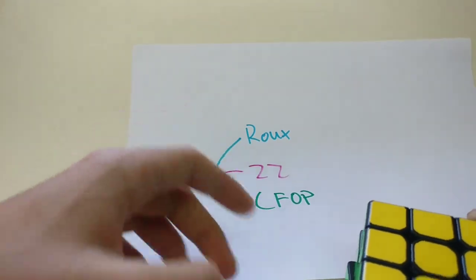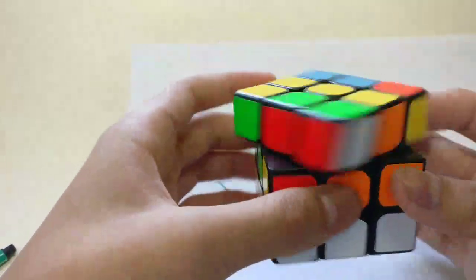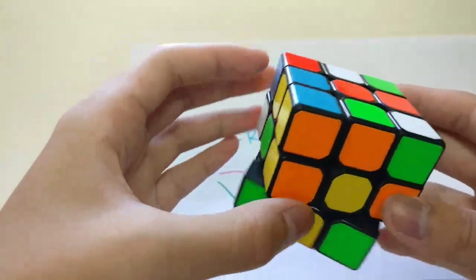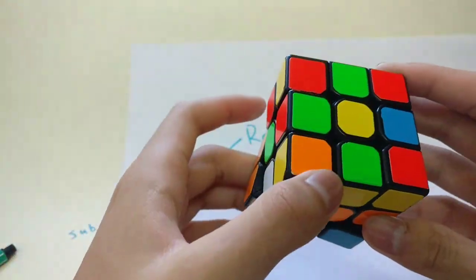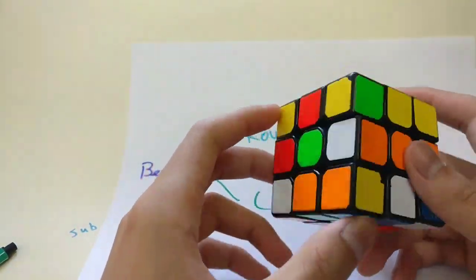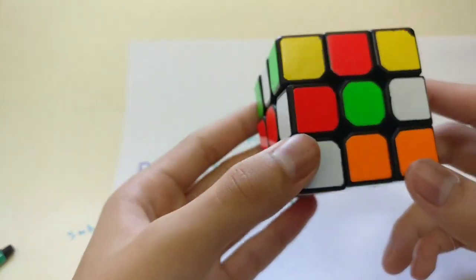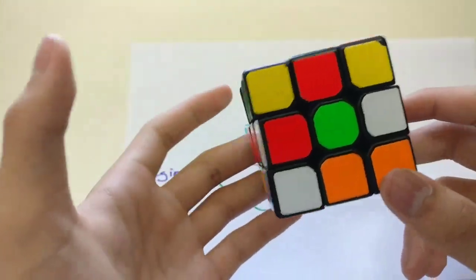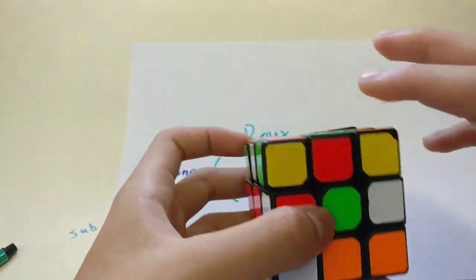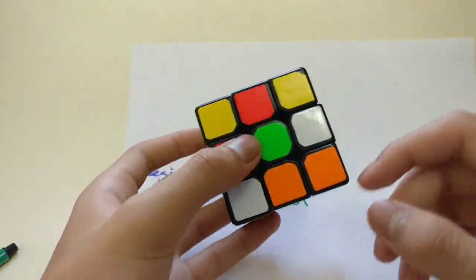And then there's ZZ as well, which is a method I'm not that good at, but I do know it. What you first do is you orient all edges. What that means is basically all edges are good edges, and there are some classifications for good edges.